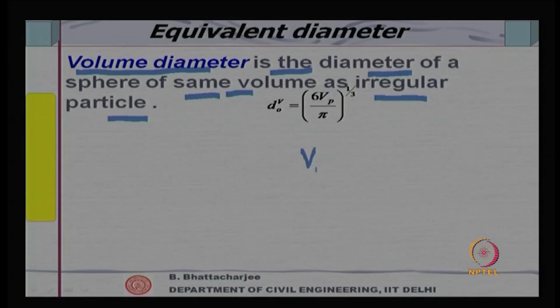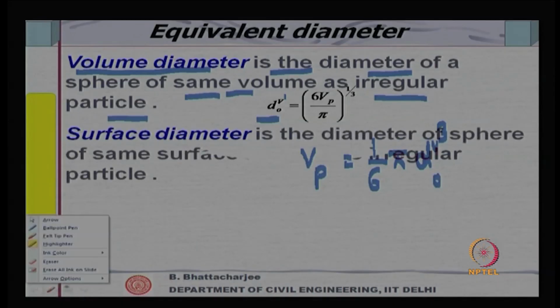Now, if Vp is the volume of a single particle, and I assume that I have a sphere having the same volume, then 1 by 6 pi d0v cube, as we have defined here, will be equal to Vp, and therefore the volume diameter is given by this expression. V stands for volume.